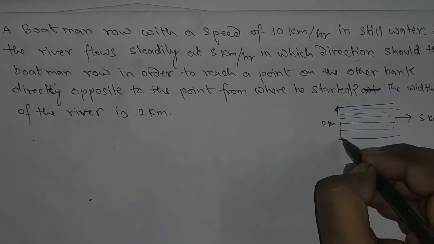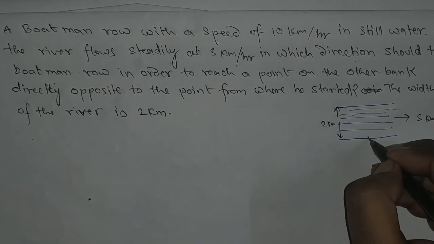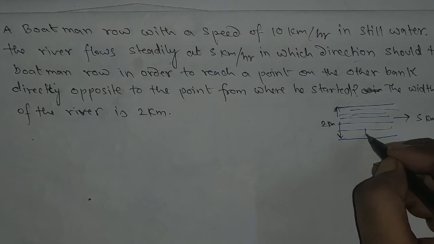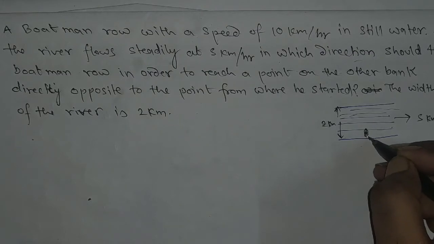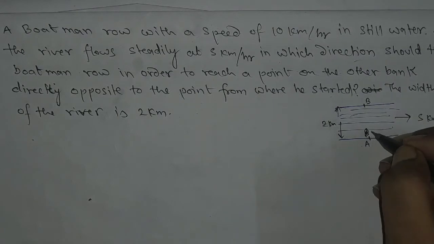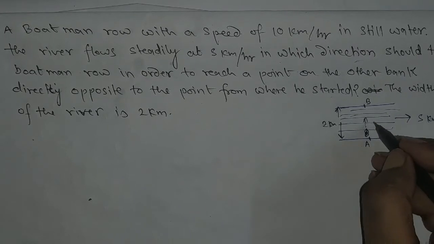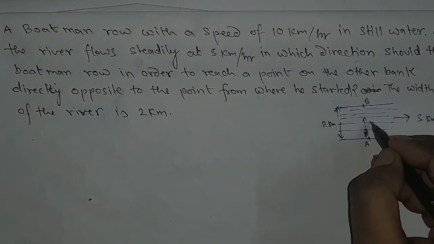Now the question is asking, a boatman rows with a speed of 10 km per hour, means a boatman is there. This is the boat, and this boatman can row the boat in still water, from A to B. The velocity of the boat towards this direction is given to us, that is 10 km per hour.